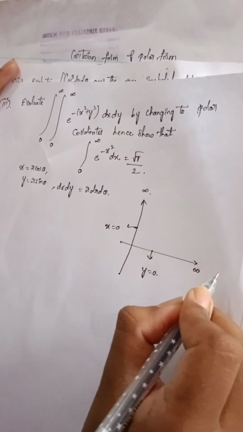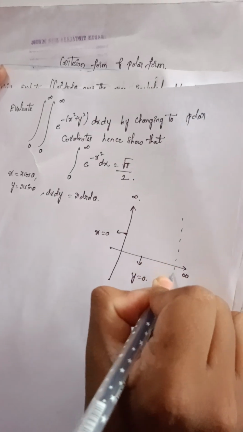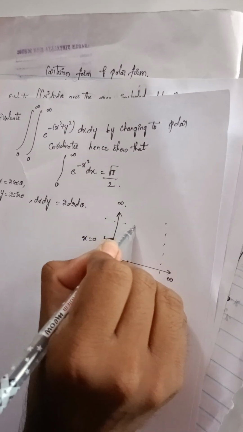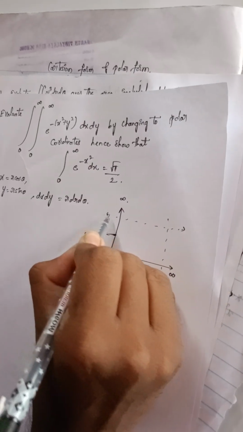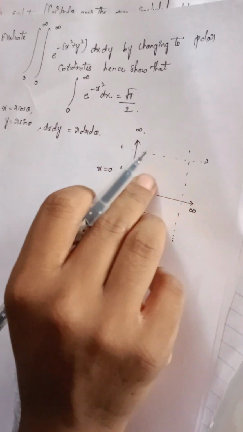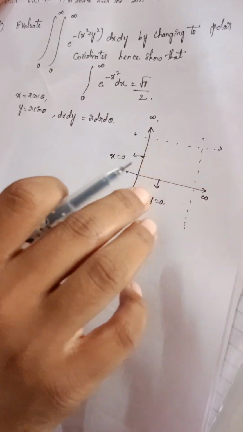So let's just consider some point, and again it is also moving from 0 to infinite. So there can be a chance where both these lines are gonna meet. So this is our area whose area has to be found.